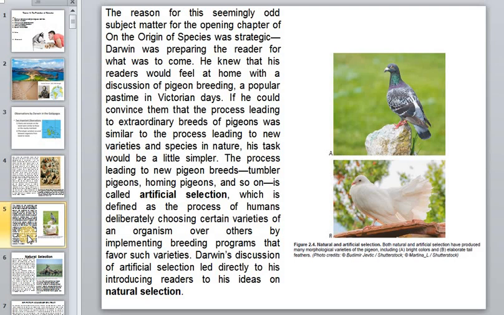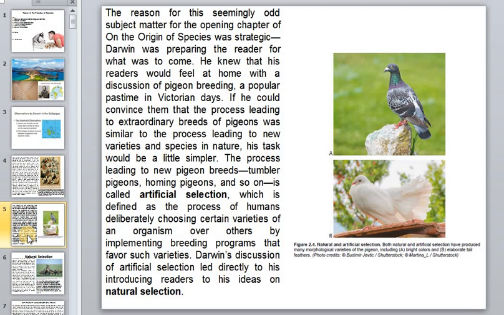He knew that his readers would feel at home with the discussion of pigeon breeding, a popular pastime in Victorian days. If he could convince them that the process leading to extraordinary breeds of pigeons was similar to the process leading to new varieties of species in nature, his task would be a little easier.